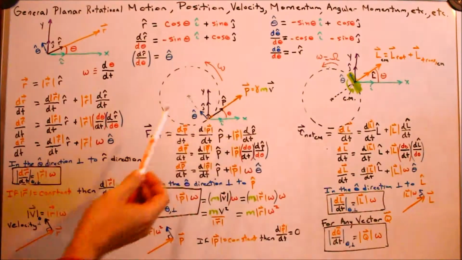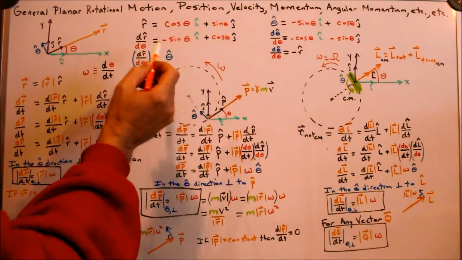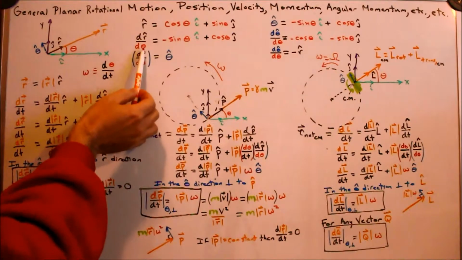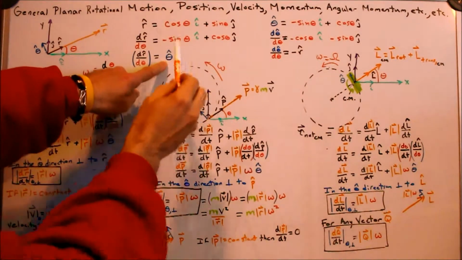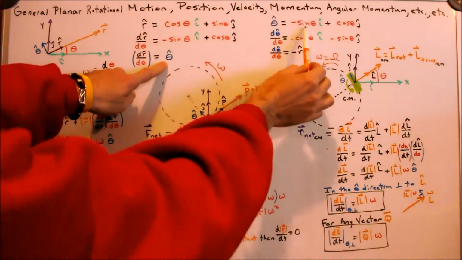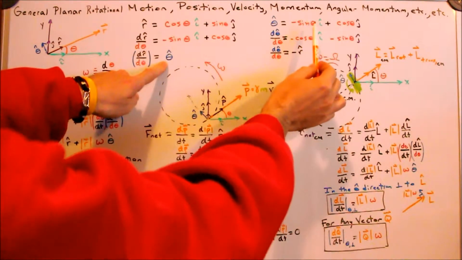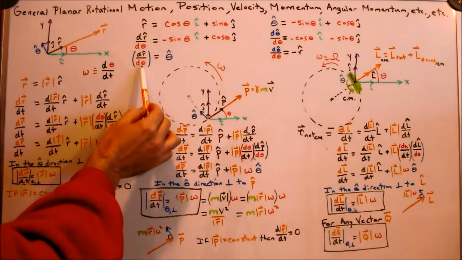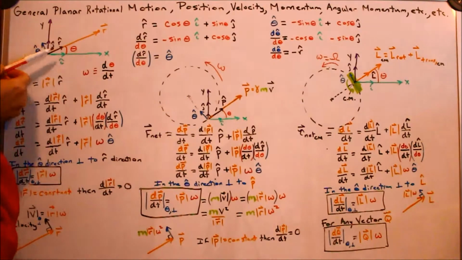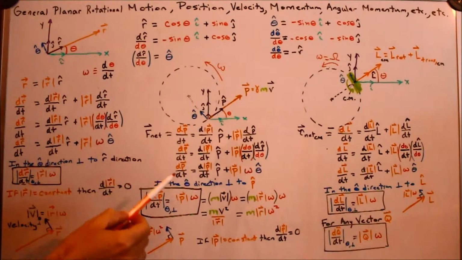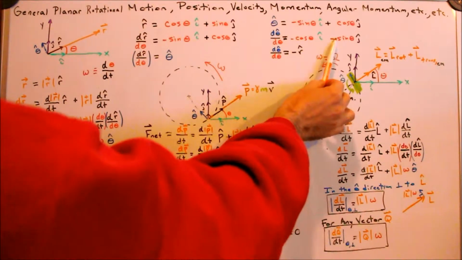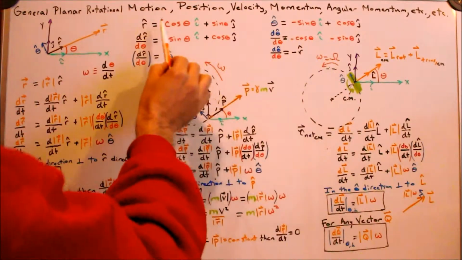One interesting thing you can see is that in the derivative of r hat with respect to theta, this term is the exact same term as that. So I can substitute there: the derivative of r hat with respect to theta is theta hat. And looking at this term, I can see that this derivative is minus r hat.